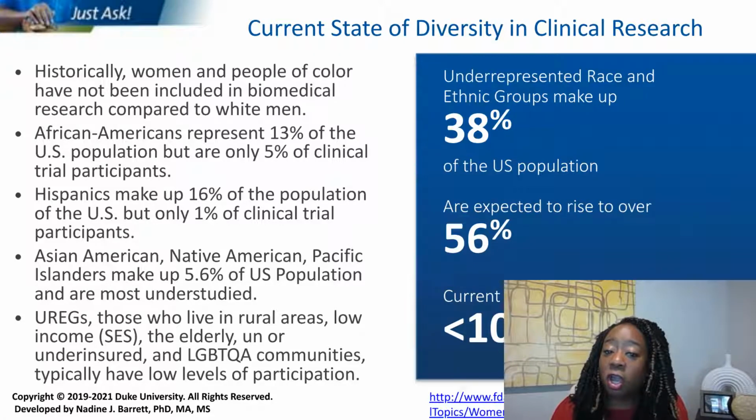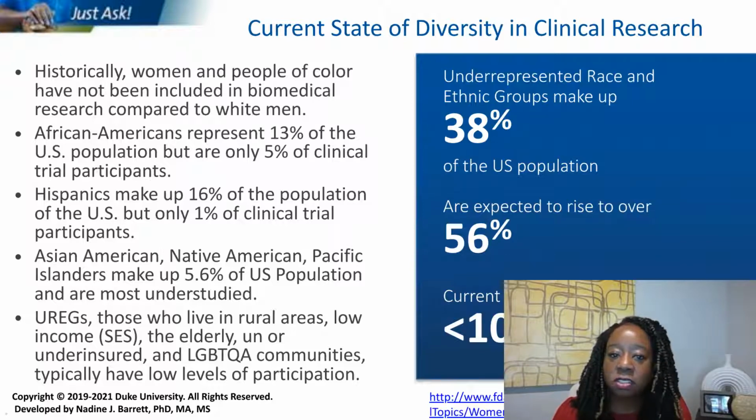But we still see this gross underrepresentation, that COVID has highlighted significantly, of underrepresented race and ethnic groups, as well as other underrepresented groups, people in rural communities not having access to clinical trials that could actually be significantly beneficial to them. So when we talk about equity, we're talking about equity from that standpoint, where we really want to work toward being a part of changing that and being equity ambassadors, if you will, as providers in the clinic.